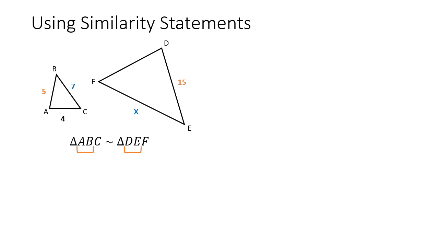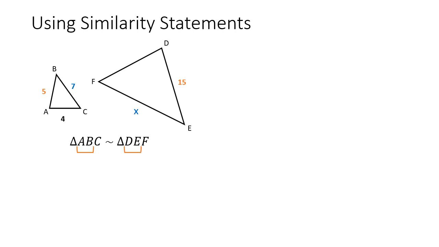We've got this D to E length of 15. And we'll notice that since D to E is first and second in the name of that triangle, and when we look at the first triangle, AB is listed first, those parts have to correspond to each other.